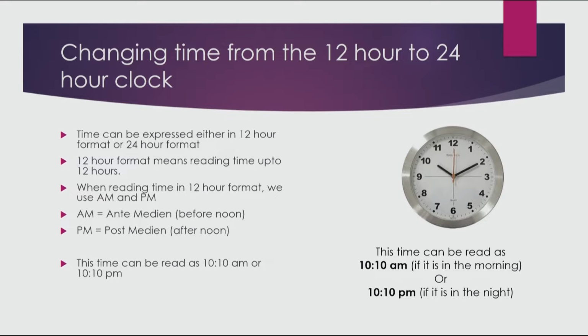We have our clock here with me. Here is our 12. You go around 1, 2, 3, 4, 5, up to 12, and then you start again 1, 2, 3, 4, up to 12. So it means we are reading time in a 12-hour format.